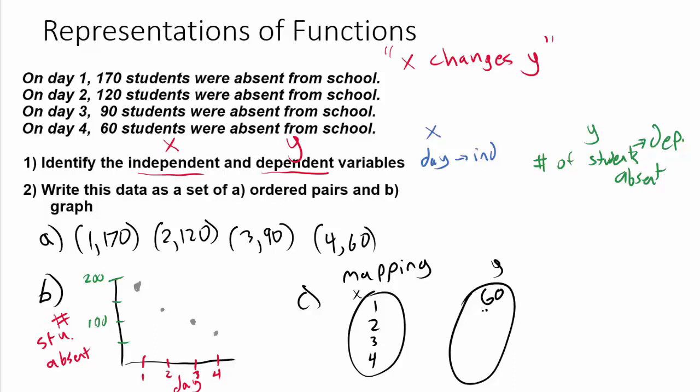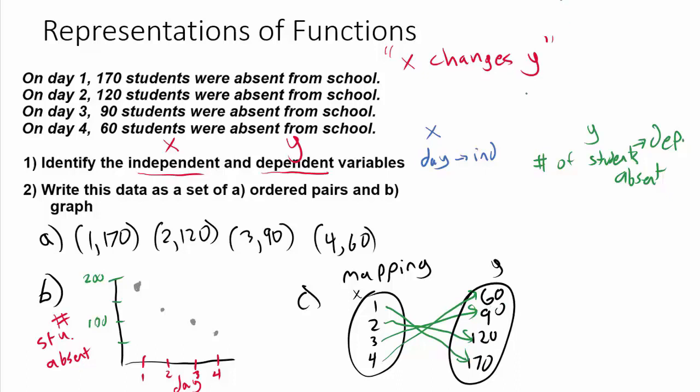So here I'd have 60, 90, 120, and 170. You don't have to do that, but some books will always make them go from smallest to biggest. So now what we're going to do is connect the dots here. On day 1, there were 170 students absent, so we'll draw an arrow here. On day 2, there were 120 students absent, so we draw an arrow here, and you can see the pattern that each of these would be connected as you go.